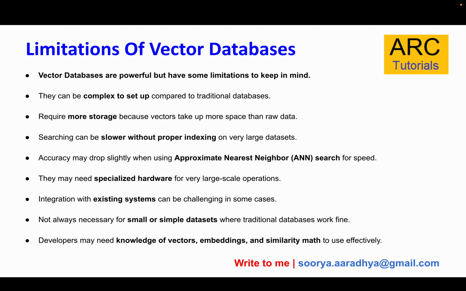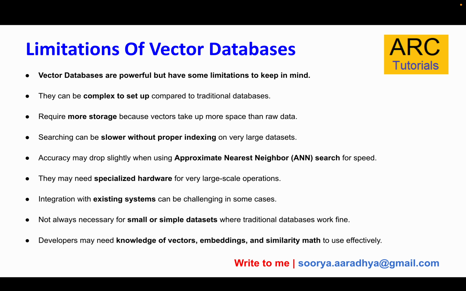What are some of the limitations of vector databases? Vector databases are powerful but have some limitations to keep in mind. They can be complex to set up compared to traditional databases. They require more storage because vectors take up more space than raw data. Searching can be slower without proper indexing. Accuracy may drop slightly when using ANN, which is for speed.